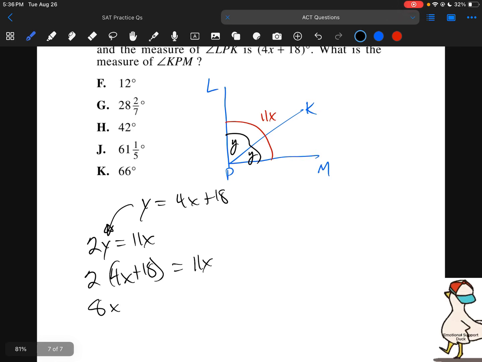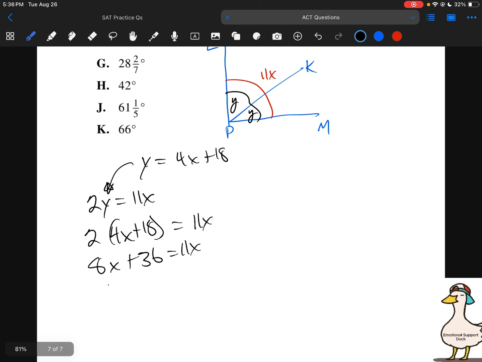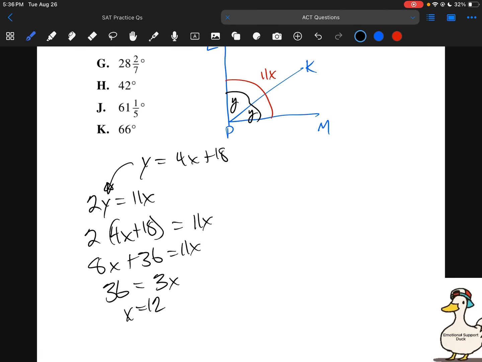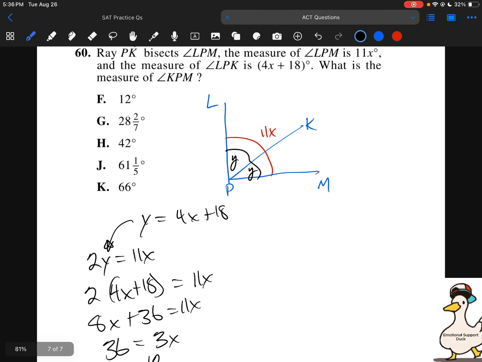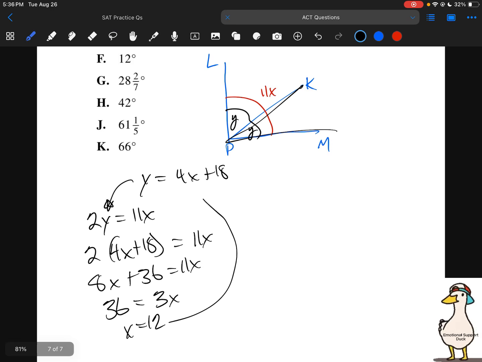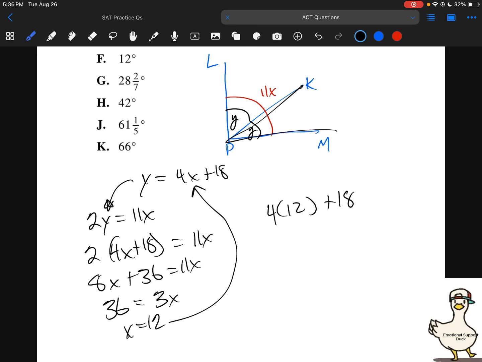And so we have 8x plus 36 is equal to 11x. Then 36 is equal to 3x, which means x is equal to 12. It's asking for KPM, which is just y, so we just have to plug in what we found for x into here. So 4 times 12 plus 18 is 48 plus 18, which is equal to 66 degrees, which is KPM.